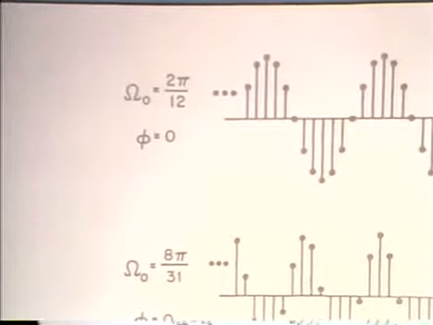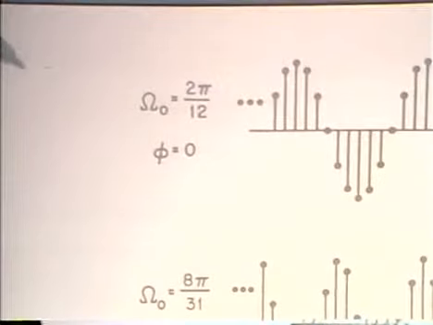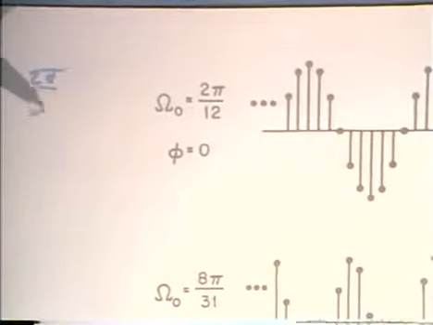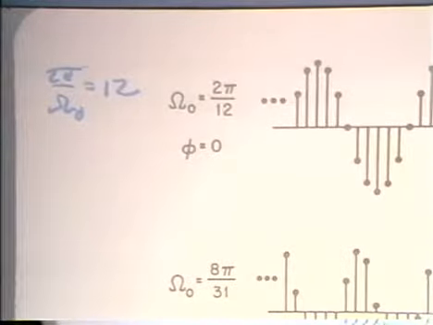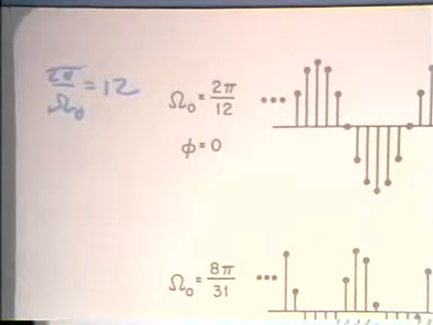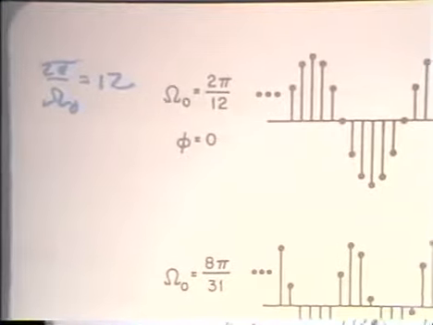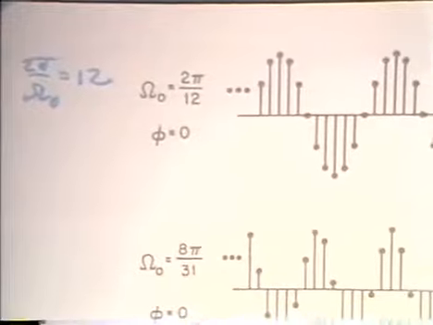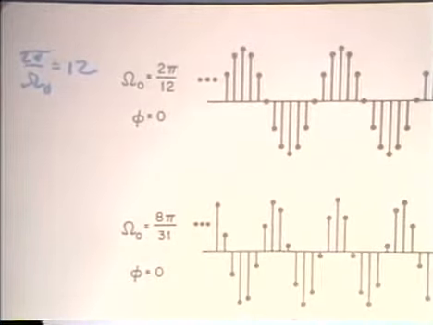Let's just try that here. 2 pi over omega 0 for this case is equal to 12. Well, that's fine. 12 is an integer. So what that says is that this sinusoidal signal is periodic, and in fact, it's periodic with a period of 12.